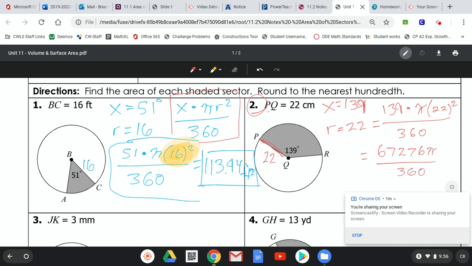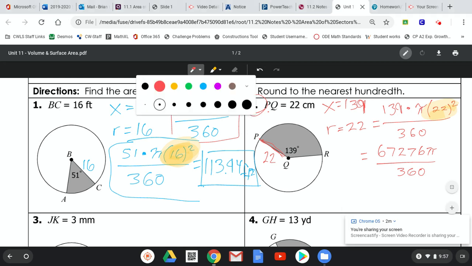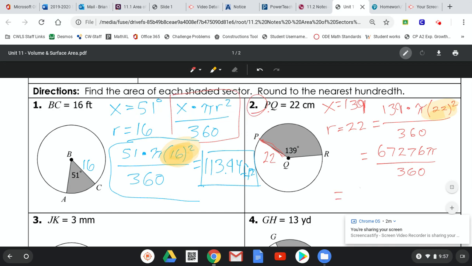And again, that's from doing this part first, 22 squared first, then multiplying by 139, okay? So once we do that, we go ahead and get for a final answer 587.09. And again, just double check, plug that in your calculator, and make sure you're getting the same answer, okay, guys? So that is our final answer for number two.